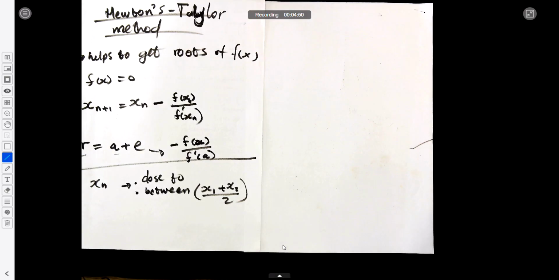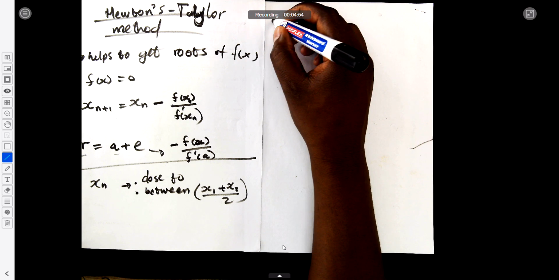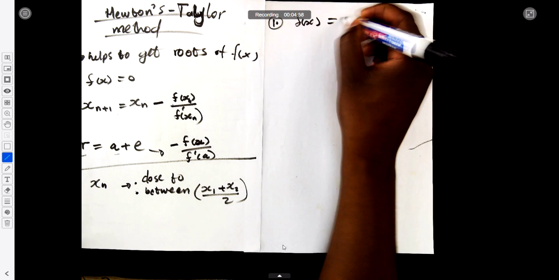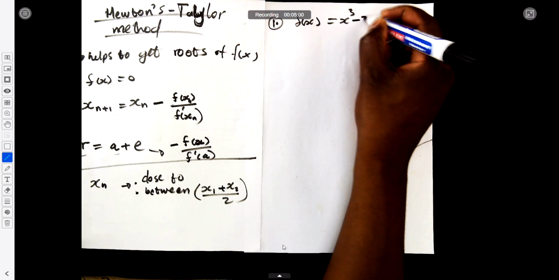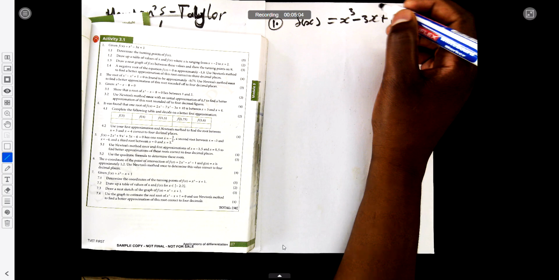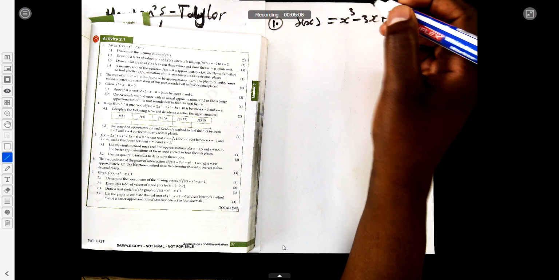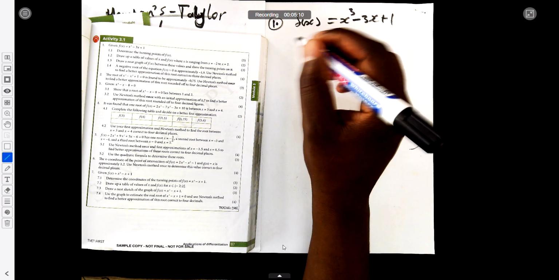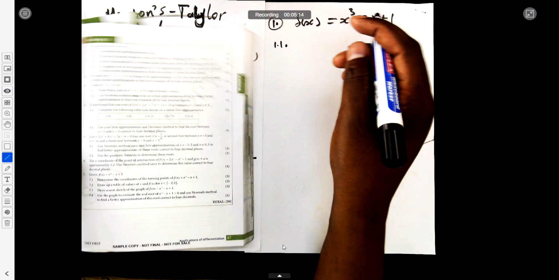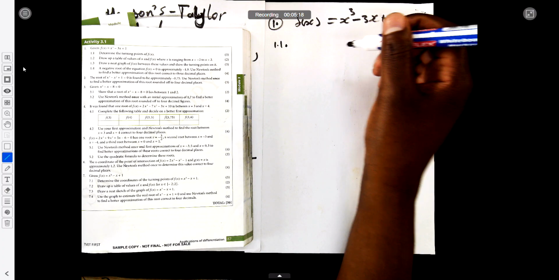So I just want to take one example in your book. It says number 1. If we're given f of x equals x cubed minus 3x plus 1, we need to determine the turning points of f of x.